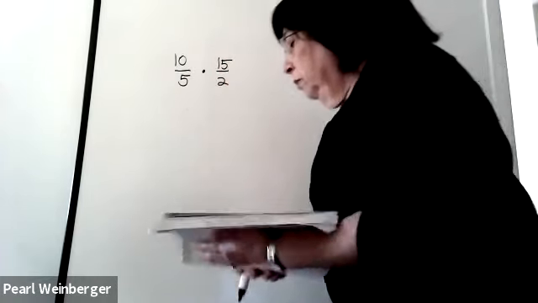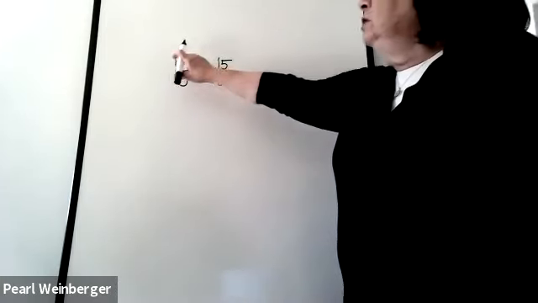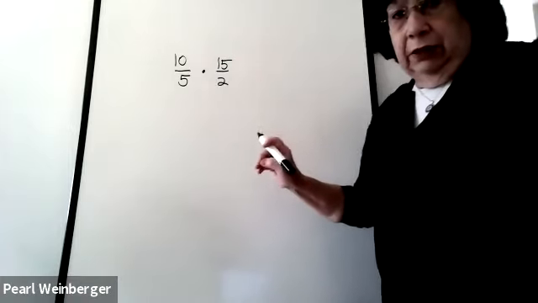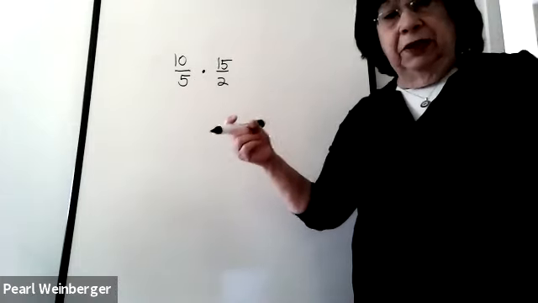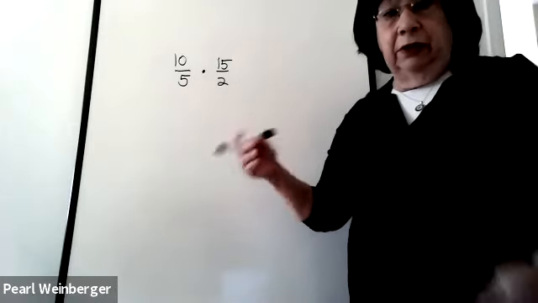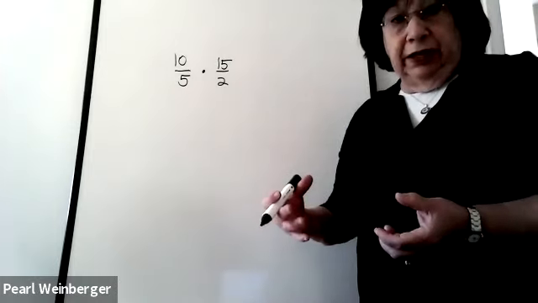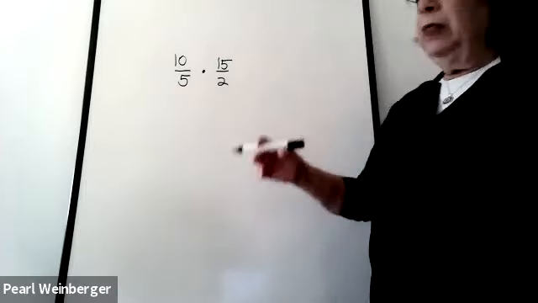The rule for multiplying fractions is to multiply the numerators together and to multiply the denominators together. But we sometimes do something that's called cross-canceling. We try to first reduce before we do the multiplication, because then we're dealing with numbers that are simpler.